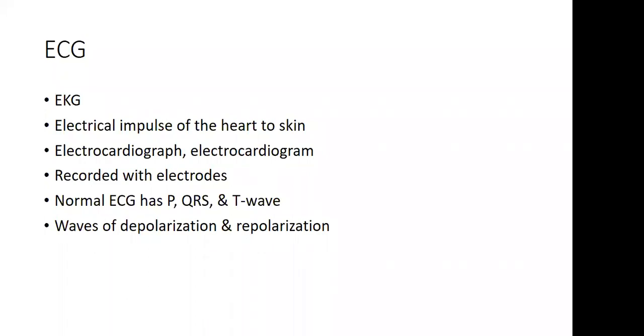Electrocardiograph is a machine. It is recorded with the electrodes attached to the skin of the person or the patient, and they are then connected to the electrocardiographic machine. These are called leads. And the recording which you get over the paper is also called lead.